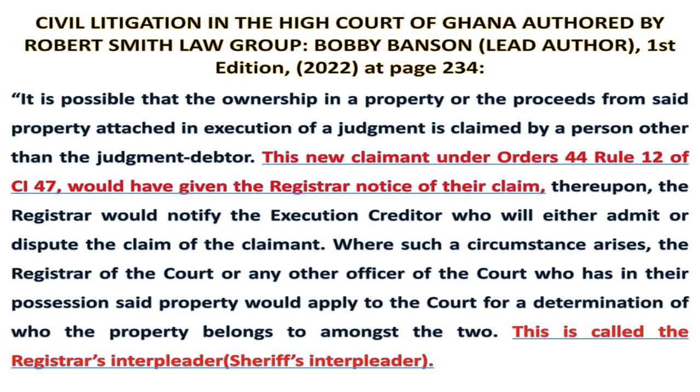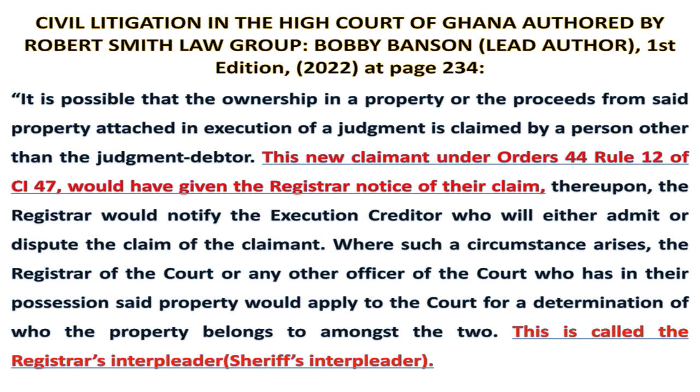"It is possible that the ownership in a property or the proceeds from the said property attached in execution of a judgment debt is claimed by a person other than the judgment debtor. This new claimant under Order 44 Rule 12 of CI 47 would have given the registrar notice of their claim.